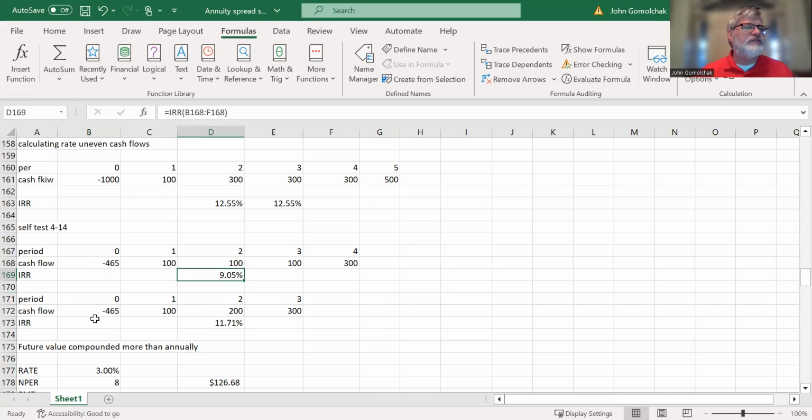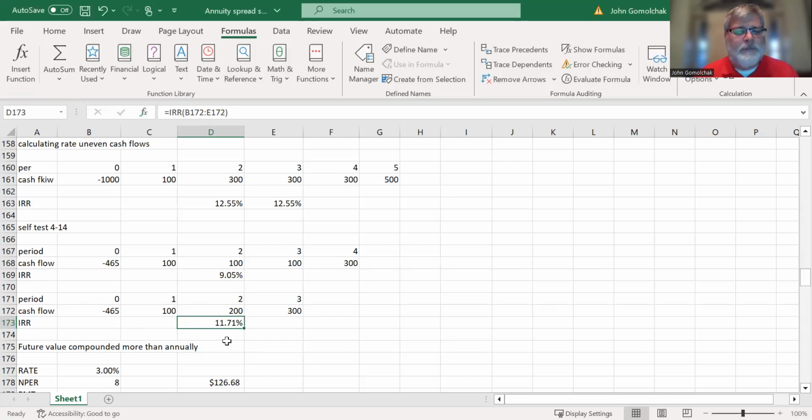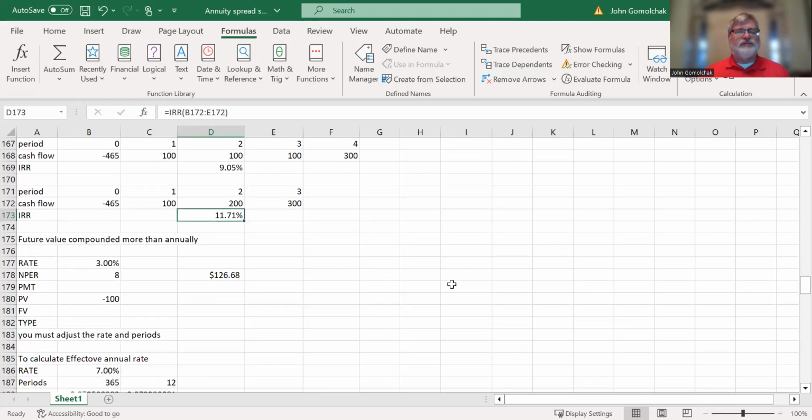Expected to produce cash flows of $100 at the end of 1, 200 at 2, and 300 at 3. So what is the internal rate of return? Same thing, we're just going to use the IRR function and use all of these cells, 11.71, which is exactly what the book says we should have gotten.